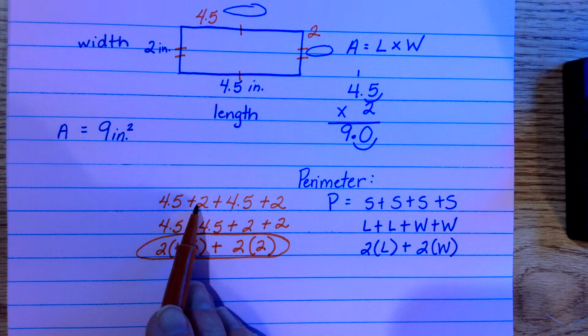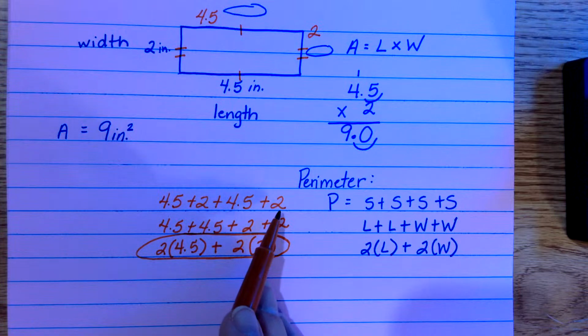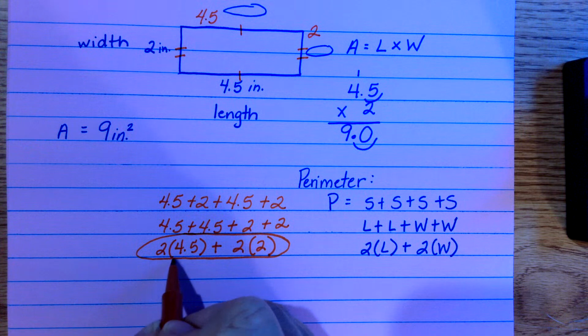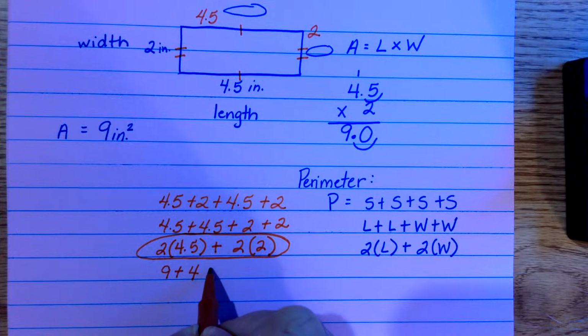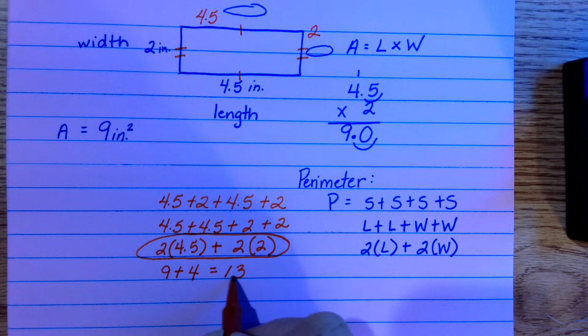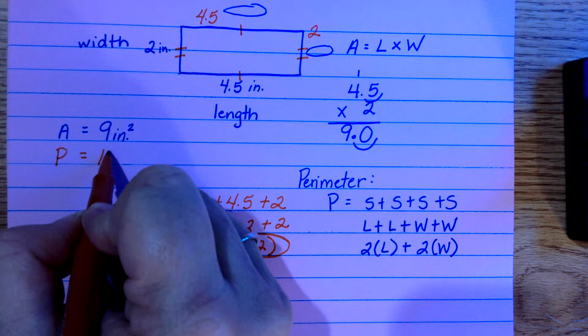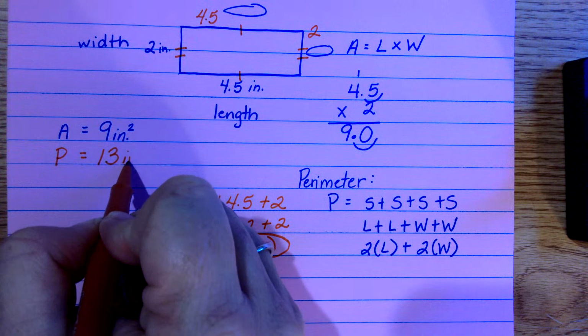The top one, it would be 4.5 plus 2 is 6.5, 10, 11, 12, 13, or you could do 9 plus 4, or you could do 2 times 4.5, which is 9, plus 4 equals 13. The perimeter equals 13 inches.